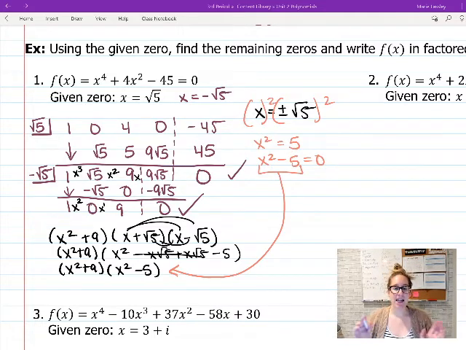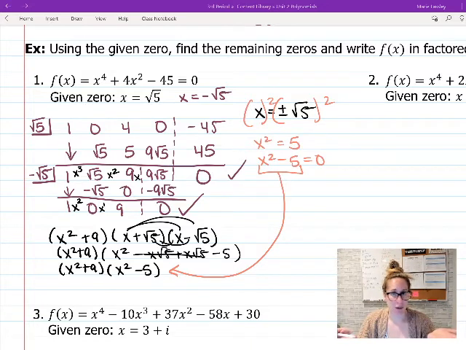So you can either take the two factors that have the square root in them and multiply them together and the square root will go away, or you can take the equation that equaled 0 and undo everything to get it back to equaling 0. You can square both sides, get rid of the square root, and then subtract 5 on both sides. Both of those options give you the nice factor form that we actually want.